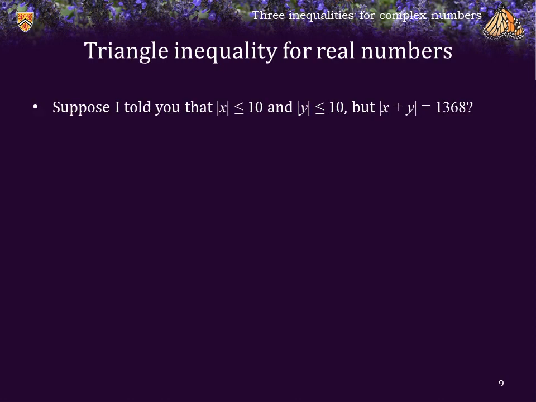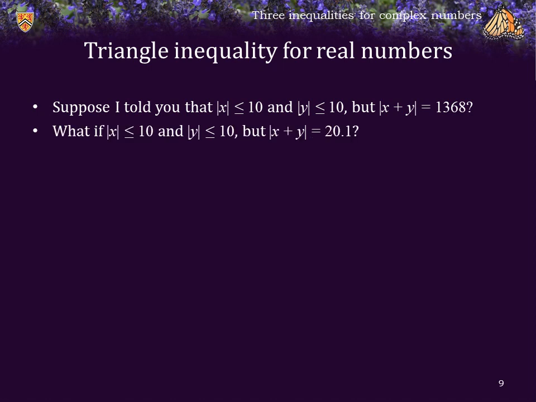Now, suppose I told you that for two real numbers x and y, the absolute values of x and y are both less than 10. But the absolute value of the sum is 1368. You probably wouldn't believe me.